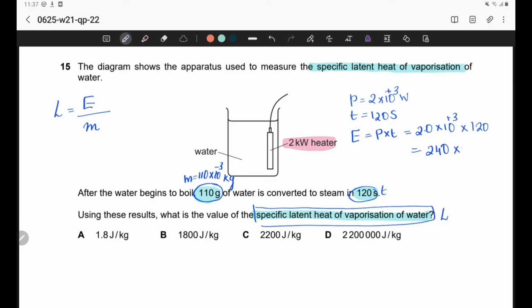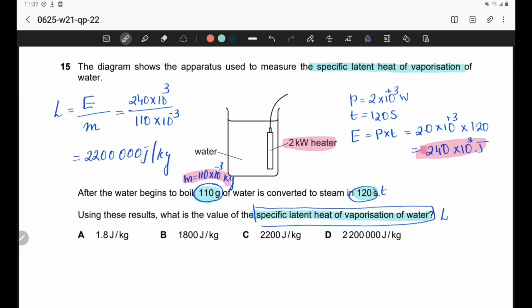So we will get 240 times 10 to the power 3 joule. So this is the energy, and mass also we have, so we can substitute. So we will get 240 times 10 to the power 3 over the mass, which is 110 times 10 to the power minus 3, and the answer in two significant figures is 2200000 joule per kg. Therefore the correct answer is option D.